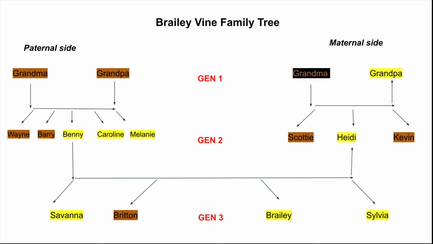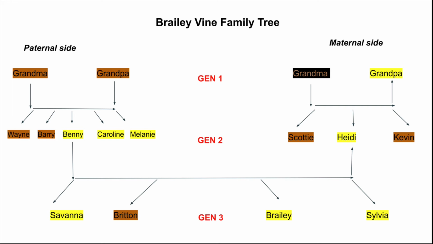The first generation are her grandparents, second generation are her parents, as well as their siblings, so her aunts and uncles, and then the last generation is Brailey along with her 3 siblings. And so her father and mother, Benny and Heidi, are her parents who made her and her siblings, obviously. And the different highlighted colors around the names of the family members basically is the hair colors that they have, at least when they were born.